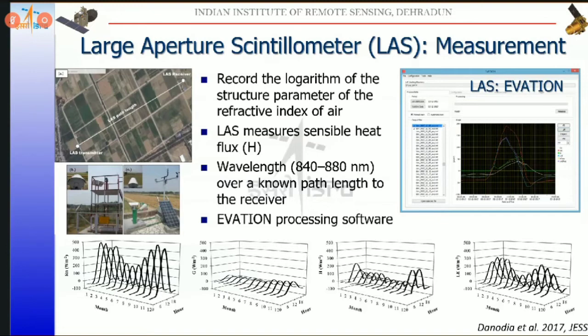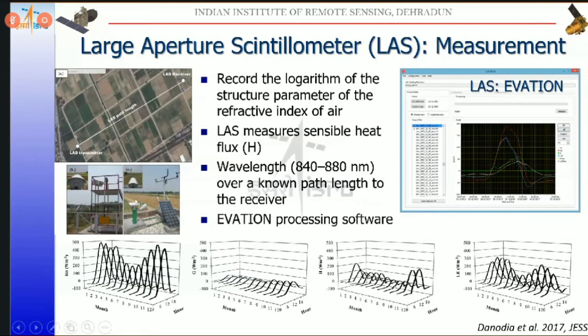These parameters are observed by the instrument, and from them they calculate the sensible heat. And if we know the net radiation or G value observed at the ground level using a net radiometer or soil heat flux plate data, then we ultimately calculate the latent heat flux, or you can say crop evapotranspiration.